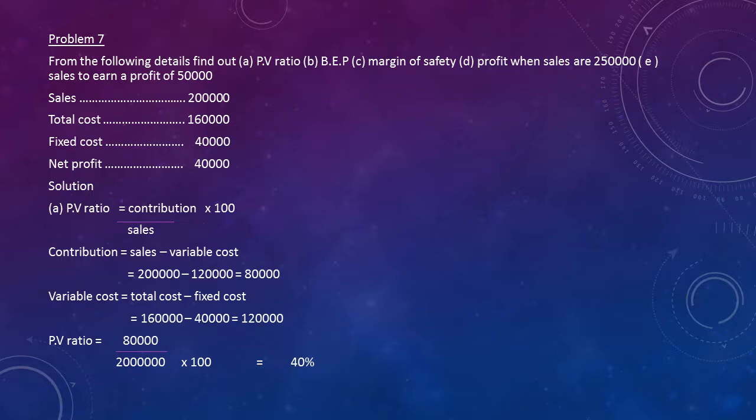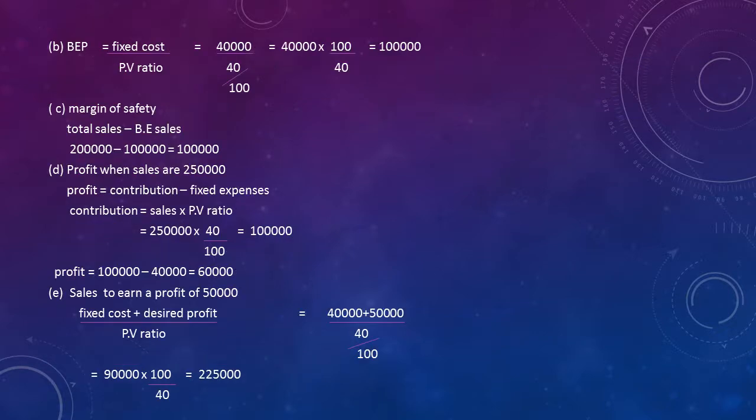The next one, break-even point. How can you calculate break-even point? You have different equations, but here we can use this equation because we know the PV ratio: fixed cost divided by PV ratio. Fixed cost is given in the question itself, that is 40,000, and PV ratio we just found, 40 divided by 100.